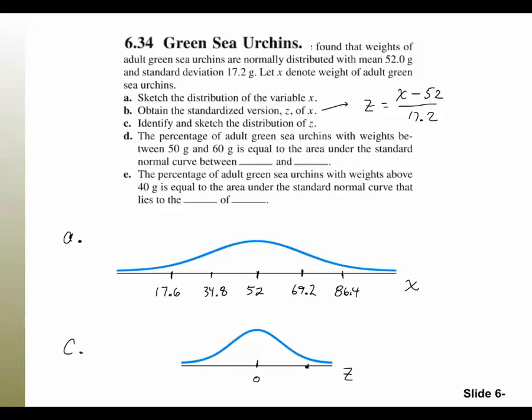And then again, look for where it's curved the most, right about there. It's 2, halfway between, 1, -2, -1. Okay? And then it says the percentage of adult green sea urchins with weights between 50 and 60 is equal to the area under the standard normal curve between what and what. So we're talking about 50 and 60. So here's 50 and 60, something like that.